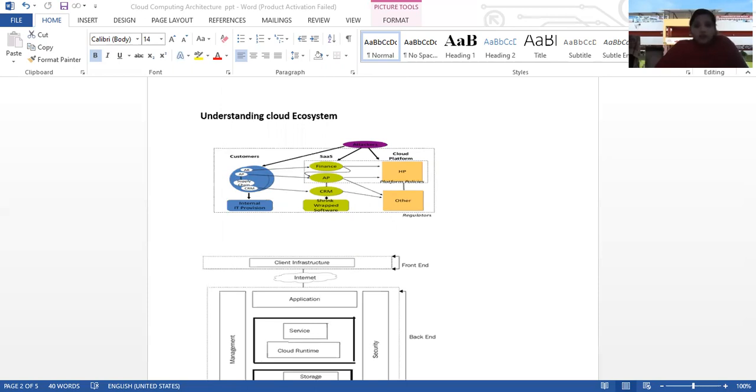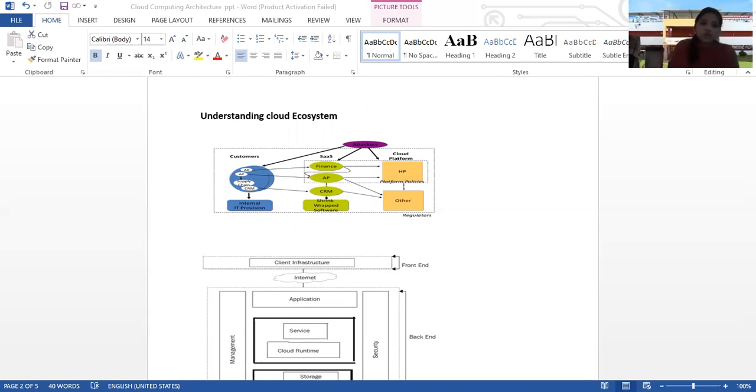So an end user may be individual machines or apps. A cloud service provider is a company that provides the management of the cloud service. A cloud service partner is an entity or organization which supports certain services offered by the providers.